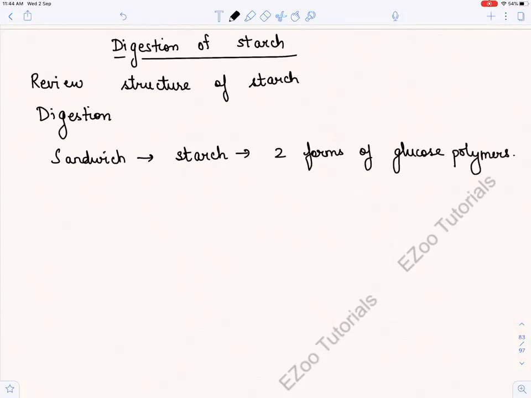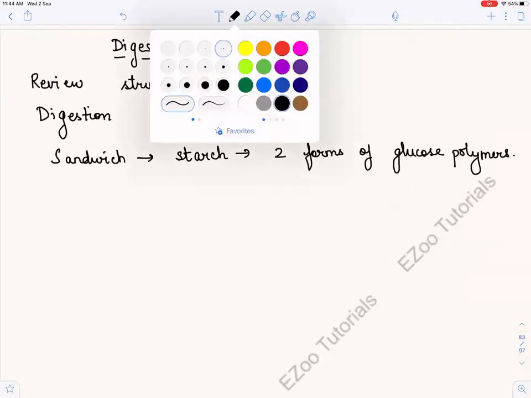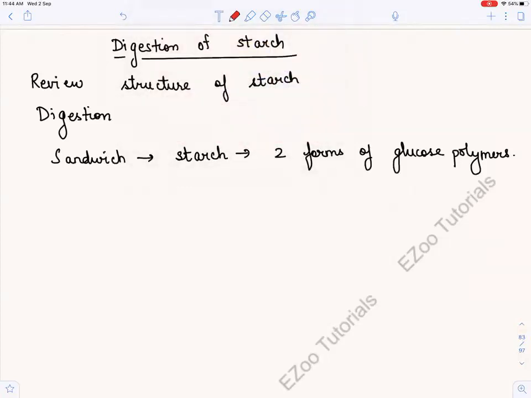What am I saying when I say that starch is formed of two forms of glucose polymers? One is the linear one and the other one is the branched polymer.